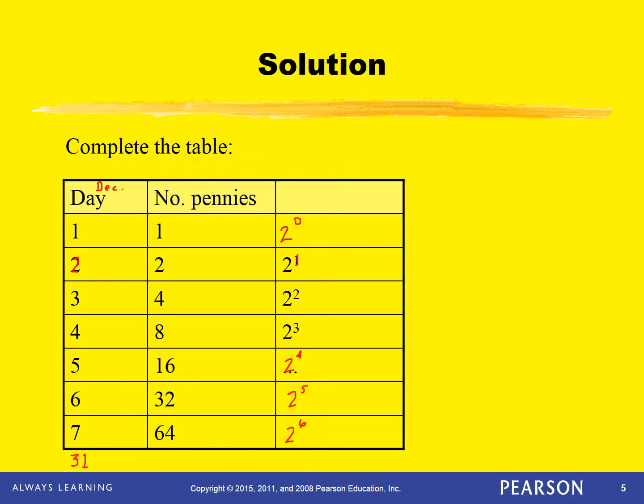When the day is 3, exponent is 1 fewer than that, 2. When the day is the 31st of December, New Year's Eve, the number of pennies is 2 to the 1 fewer than 31, 2 to the 30.